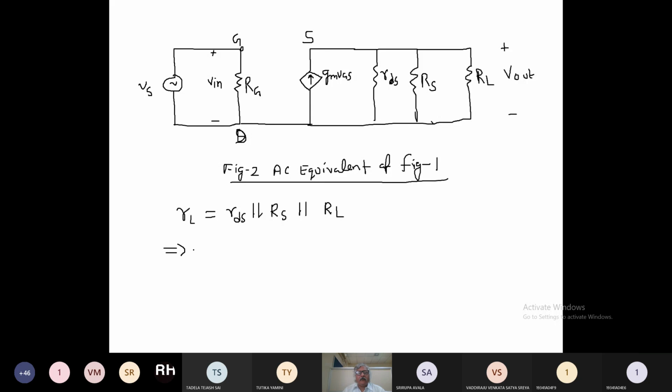And this you can write as RL is equal to RS parallel to RL, right?